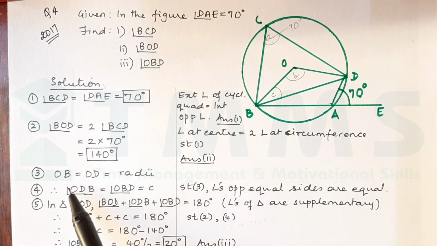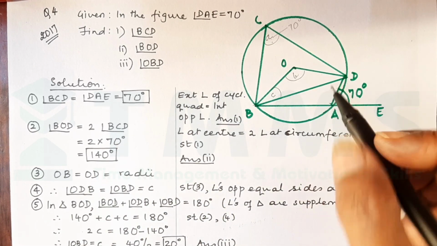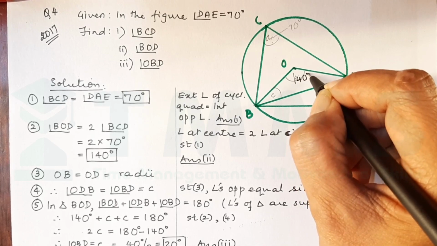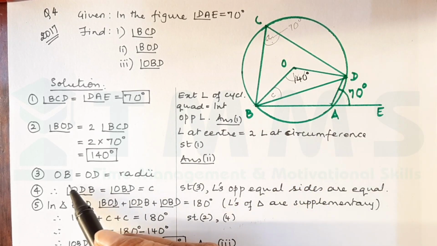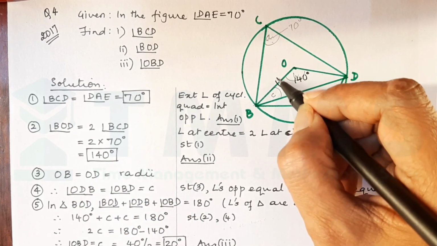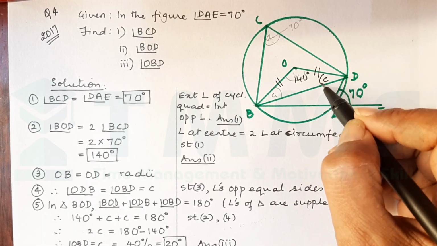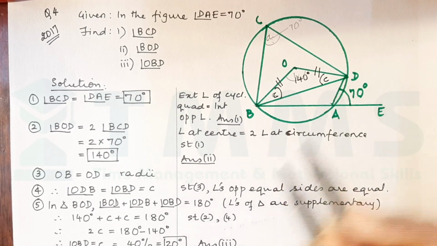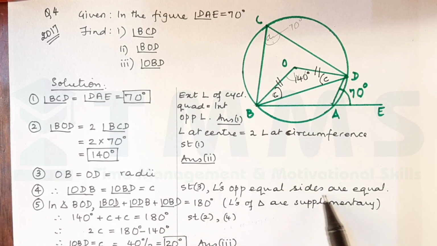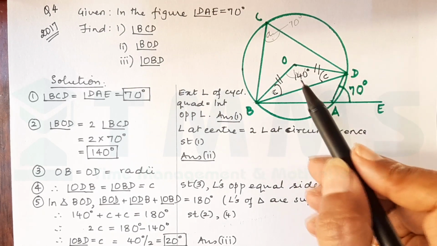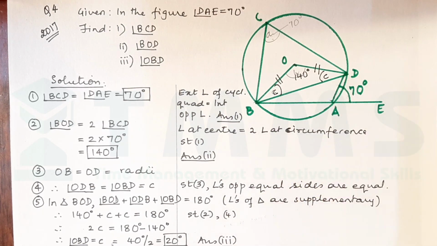Okay. Then we come to the third part. We have found this. This is 140 degrees. Now we say that OB equal to OD, which is radii, like so. And so this angle and this angle, they will be equal. And we write it, angles opposite equal sides are equal. And then we take this triangle and we say 140 plus C and C. Can you see that?